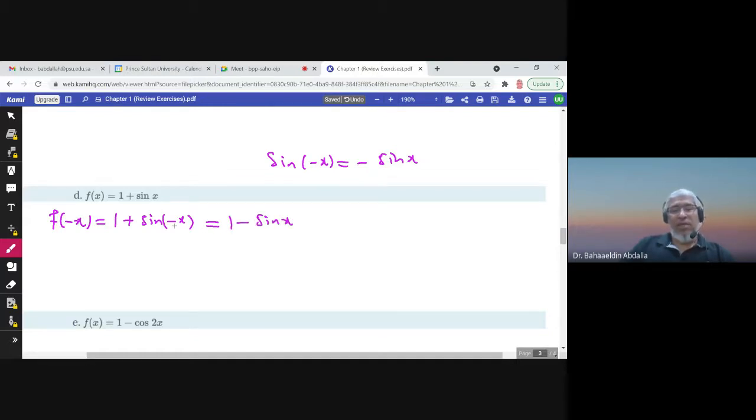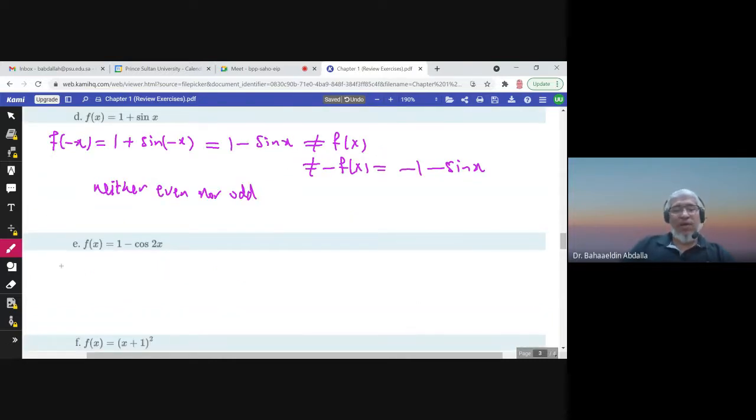Now 1 minus sine x is not equal to f of x, and it is not equal to negative f of x, because negative f of x is negative 1 minus sine x. So this function is neither even nor odd.